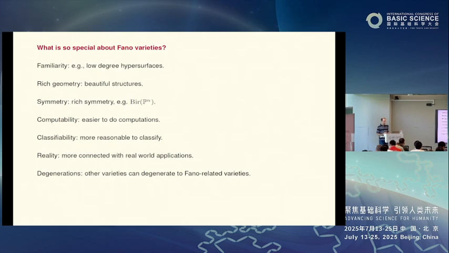One of these structures that Fano varieties enjoy is symmetry. In the case of spaces of general type, or spaces which are negatively curved in terms of differential geometry, they don't have too many symmetries. Their symmetries happen to be finite, basically. But in the case of Fanos, symmetries can be much larger.